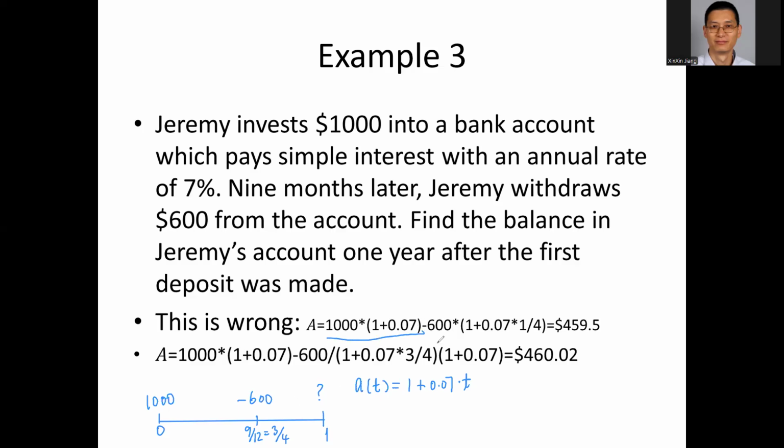And then you subtract the accumulated value of the $600 from 3/4 to 4/4, that's 1/4. The reason that this is wrong is that the accumulated value of negative $600 from this time to this time is not this amount.